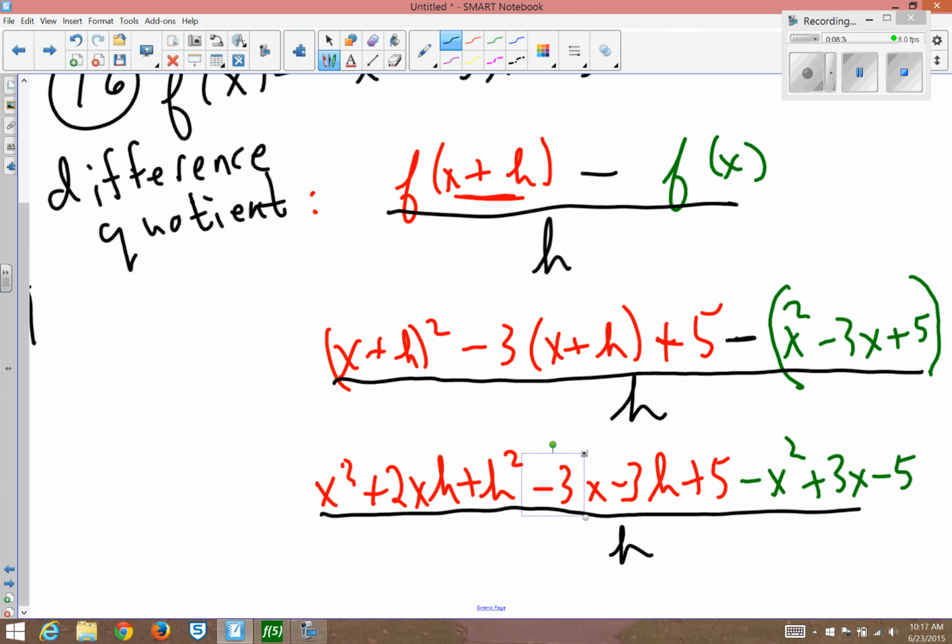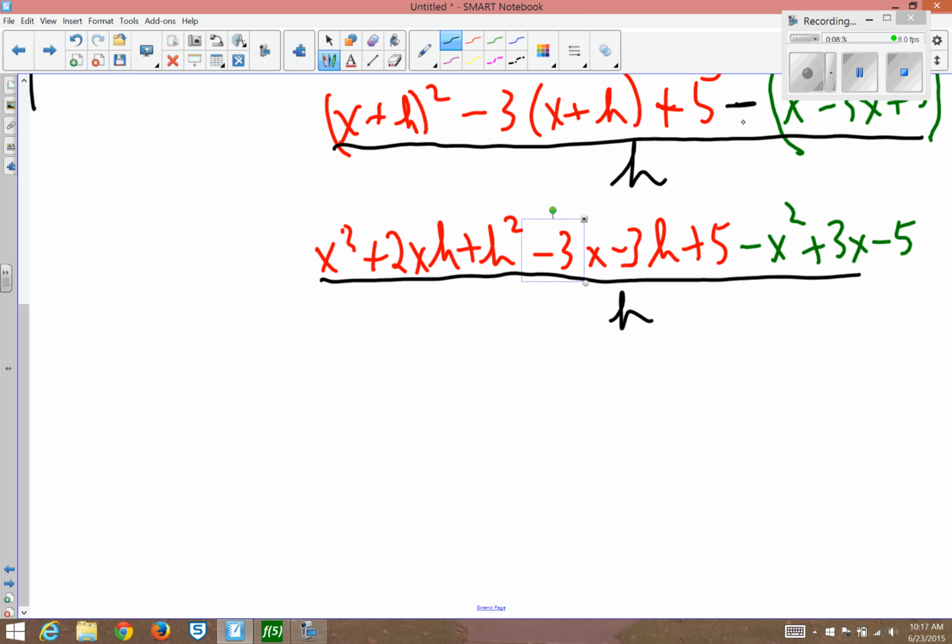So we've gotten rid of all the parentheses by FOILing and distributing. And now we look for like terms. x squared minus x squared is nothing. 2xh gets brought down. h squared gets brought down. -3x and positive 3x is 0. -3h gets copied.